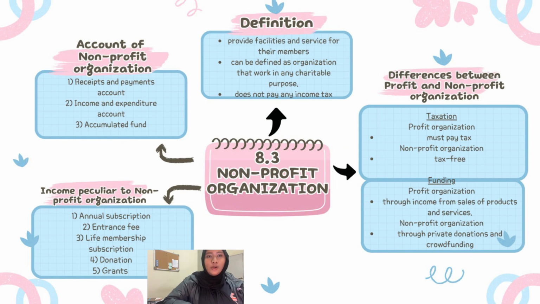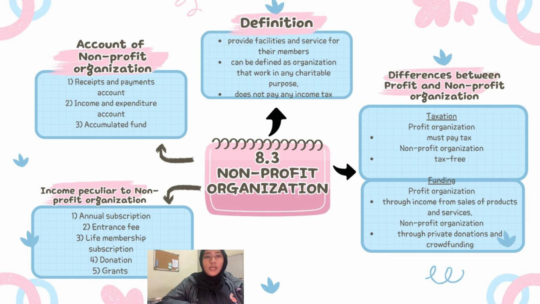For the profit organization, they usually get the funds from the sales of the products, investment, and bank loans. But for the non-profit organization, they usually get the funds from donation, sponsorship, and also crowdfunding.